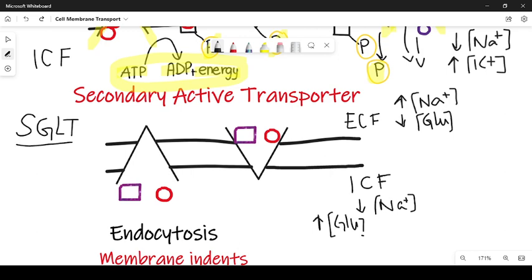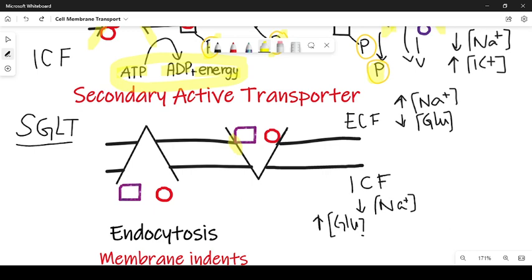Since sodium is always eager to go inside the cell because of the large concentration gradient, the sodium-glucose transporter binds sodium onto the carrier protein, and it binds a glucose molecule on the other side.